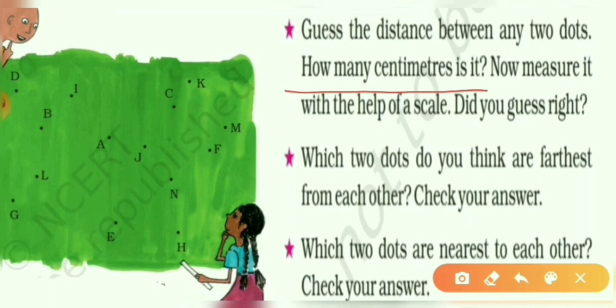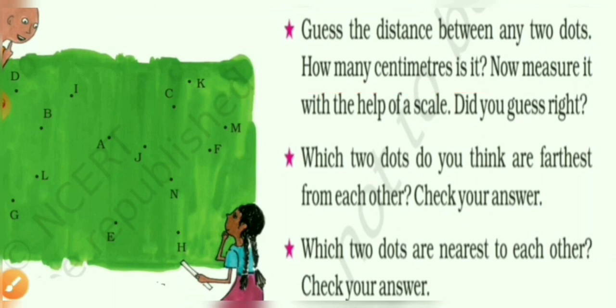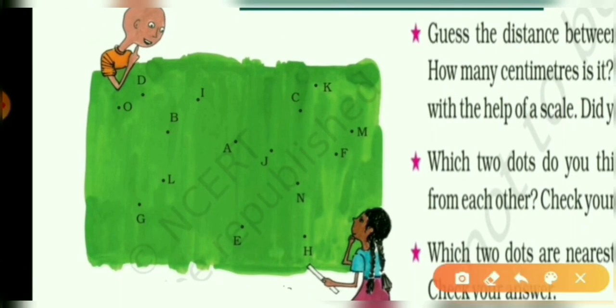First of all, you have to guess the distance, and then you have to measure it in centimeters, and then you have to measure it with a scale. First guessing, then measure it in centimeters, and then measure it with a scale.